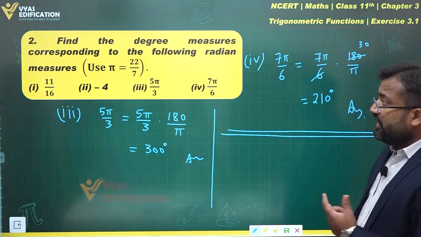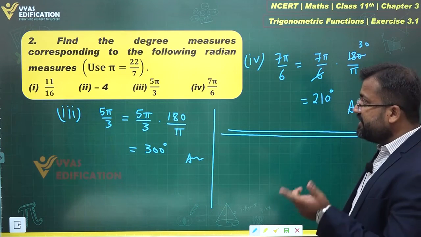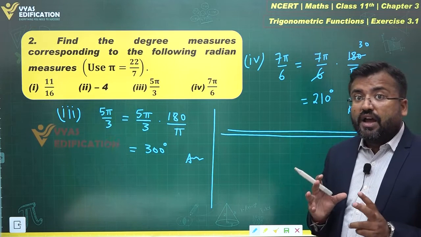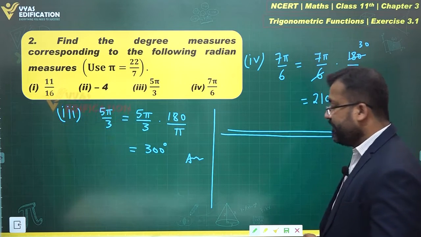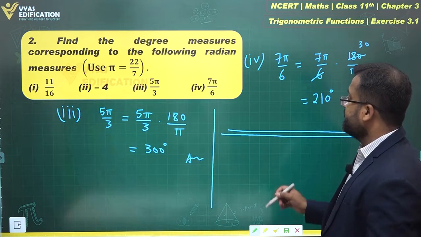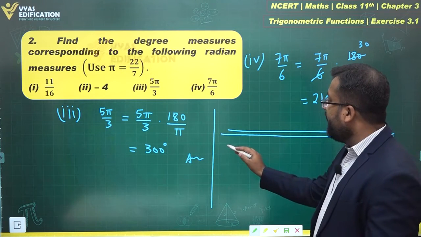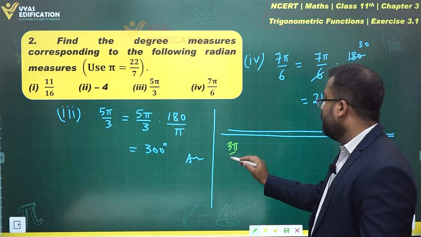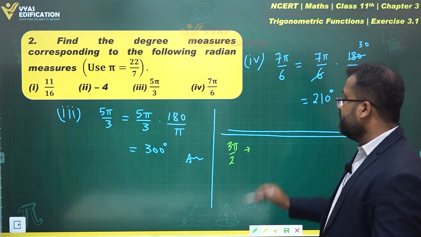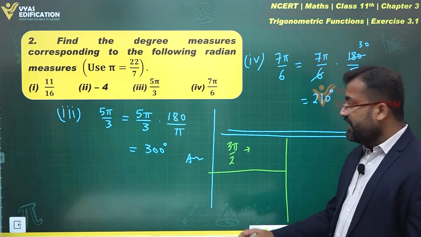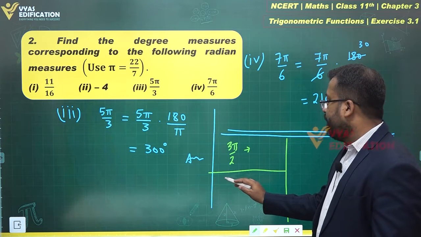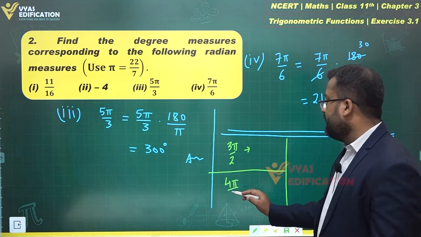Just let us recall. In the first question, we had seen some standard angles. Let's try to recall a few radian measures, and you have to answer the corresponding degree measures. Let us say we have 3 pi by 2, what is this equal to in terms of degrees? Then think about the next one, 4 pi by 3.